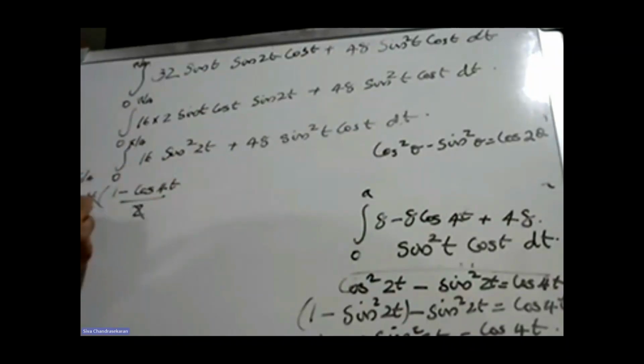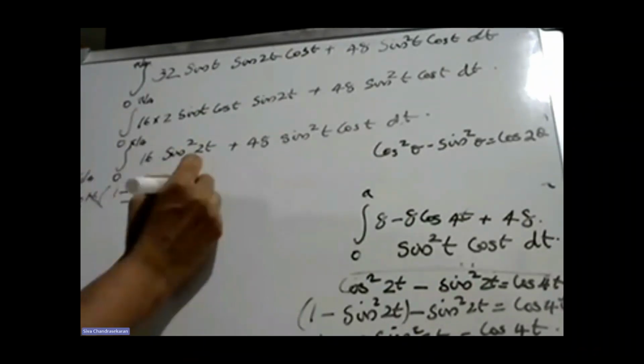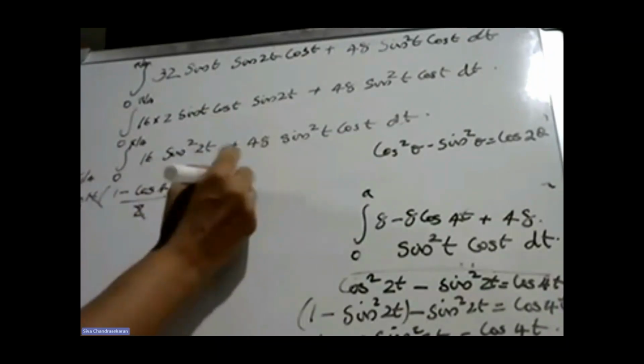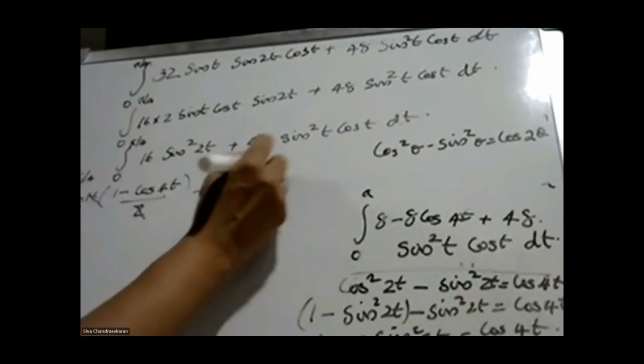This 2 and 16 get cancelled, so this is now 8 times 1 minus cos 4t plus the rest, 48 sine square t cos t dt.